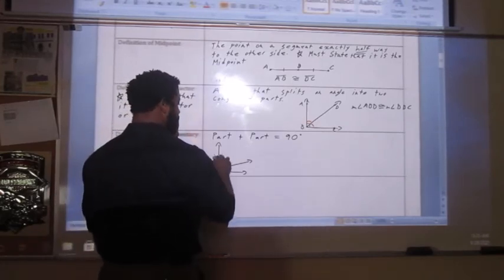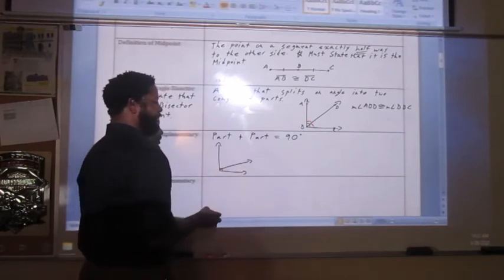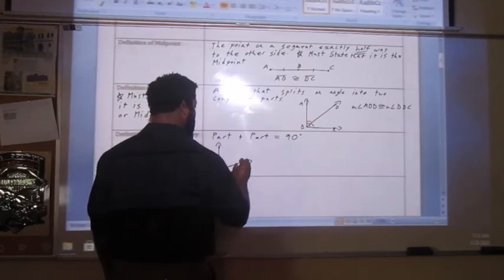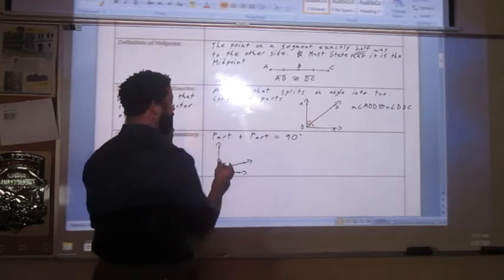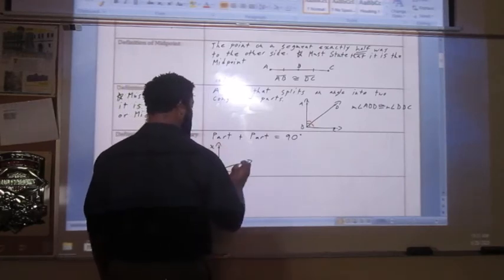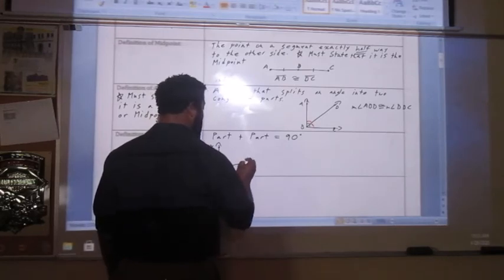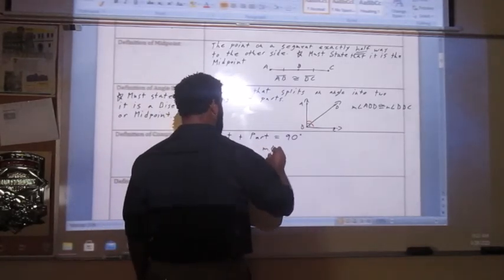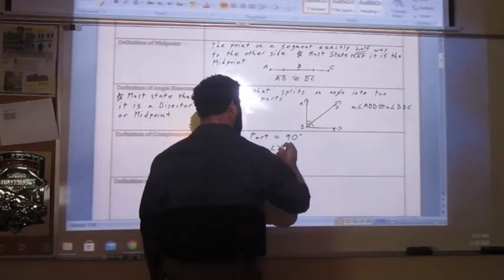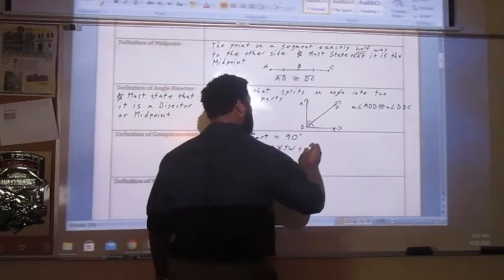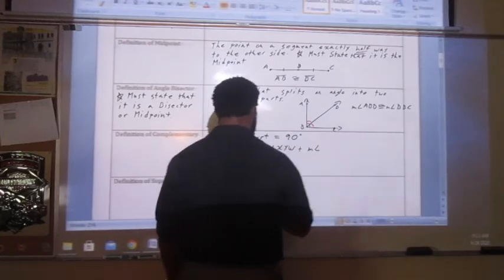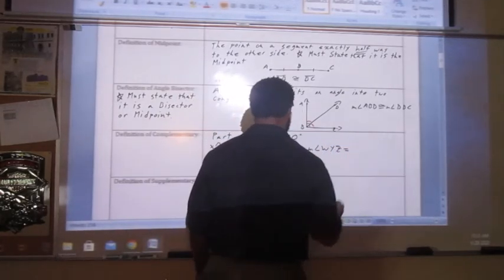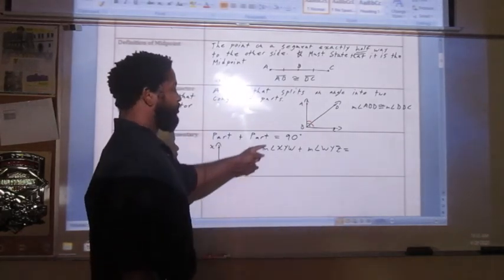Clearly, this part plus this part. So if I'm going to write this out, let me start at the other end: X, Y, Z, W. Let's do W. And you could say the measure of angle XYW plus the measure of angle WYZ is equal to angle XYZ, which is equal to 90 degrees.